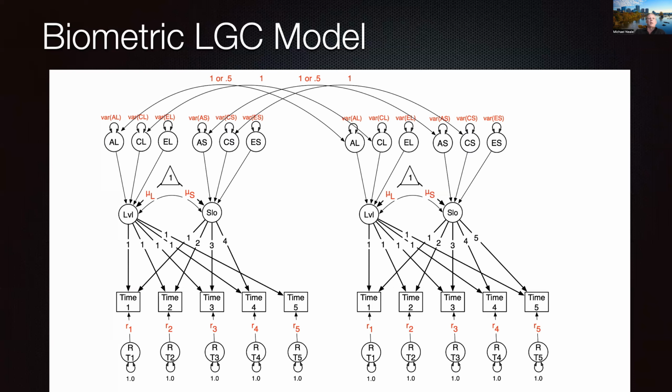And indeed, given positive genetic variance due to A, C, or E, or any other source on a slope component, that is going to predict an increase in variance over time.